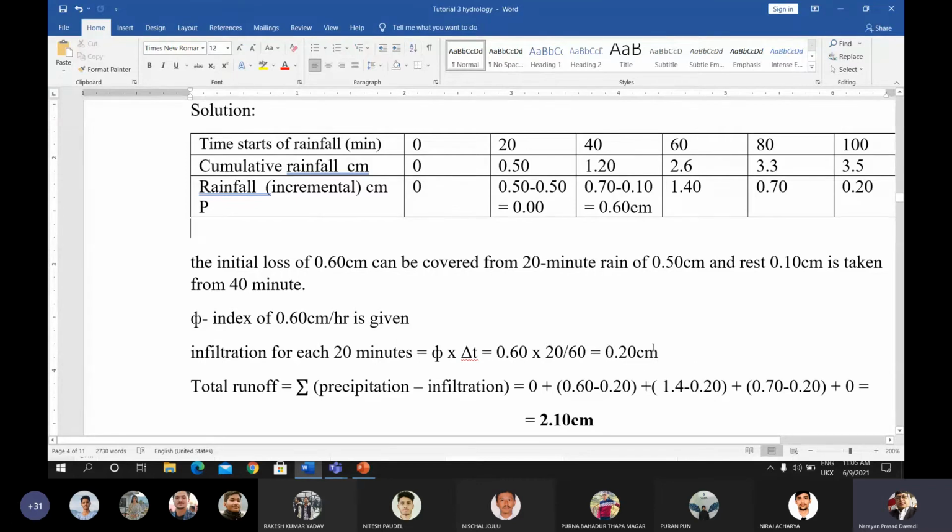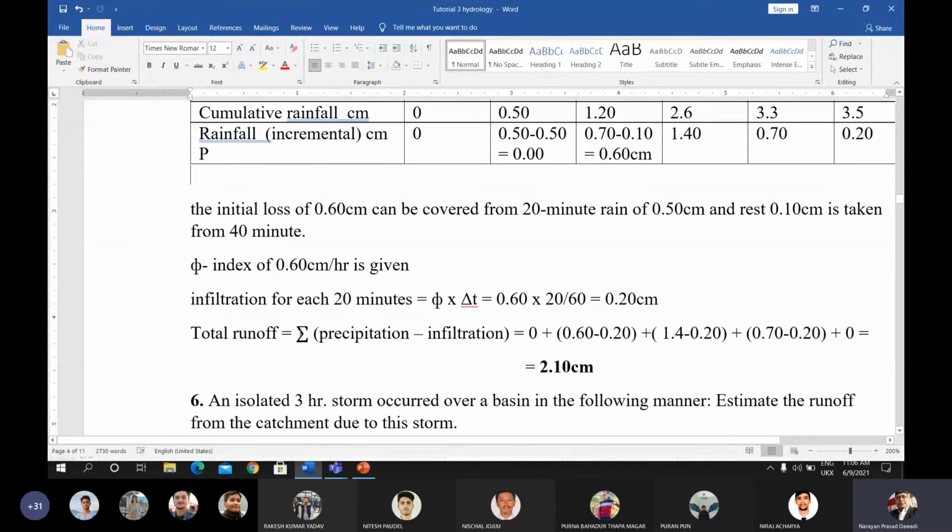That's why the precipitated depth is all soaked by the soil, because the rate of infiltration is 0.20 centimeter for each 20 minute interval. So this water does not produce the surface runoff, because it is fully soaked by the soil.